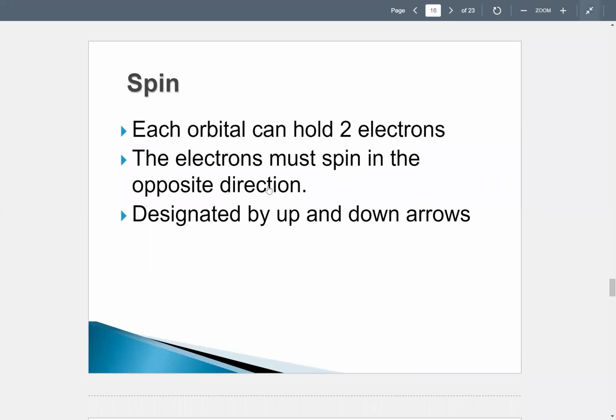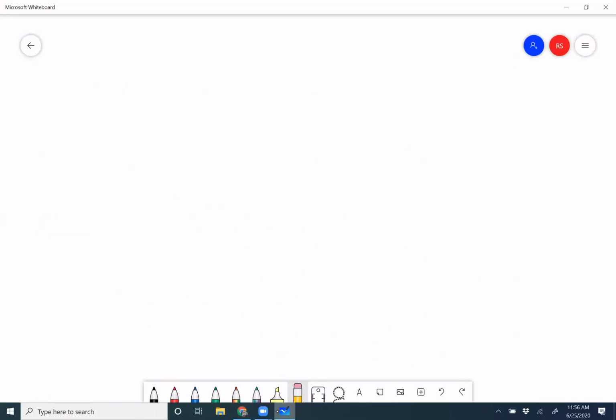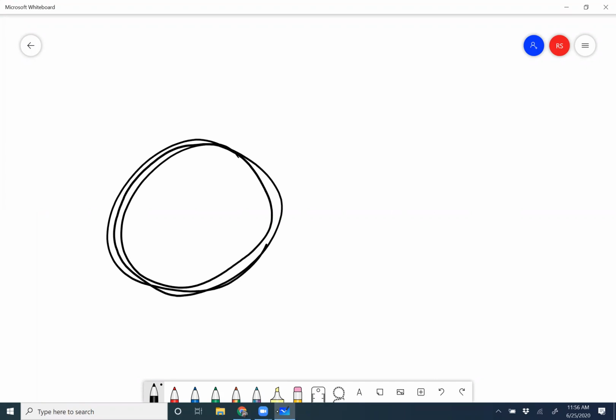Now, why do they have to do that? Remember that electrons don't like each other. So imagine you are spinning around in a circle, going in this direction. If another electron was in this same space, spinning around in the same direction as you, you might run into each other.